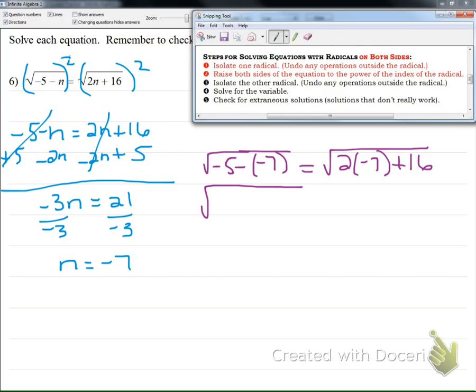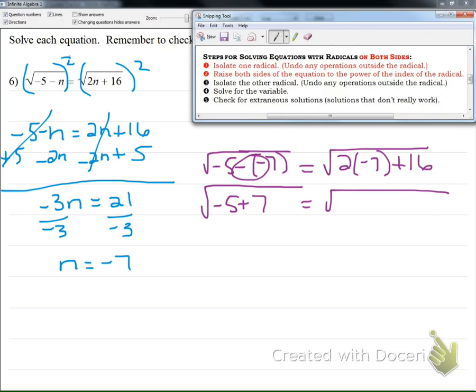So we have the square root of, let's read that out loud. What do we have underneath that radical? Negative 5 minus negative 7. Do we ever subtract integers? No, we change it to addition. So we're going to keep our negative 5, change it to addition, and change that negative 7 to a positive 7. So keep, change, change.